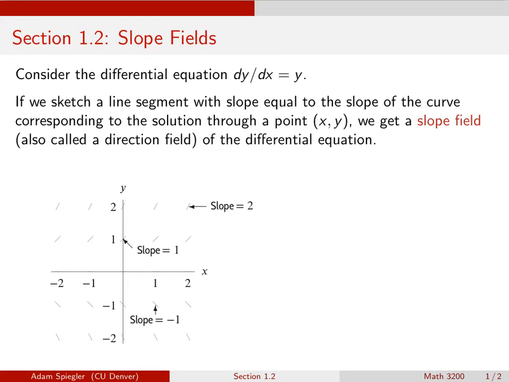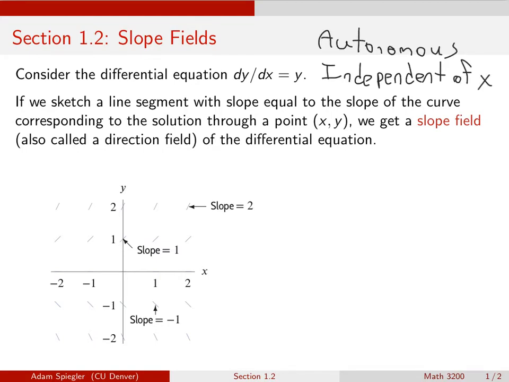And so when a differential equation has this property that it doesn't depend on the independent variable, we say that the differential equation is autonomous. Okay, and so again, autonomous means it is independent of the independent variable, which in this case is x.